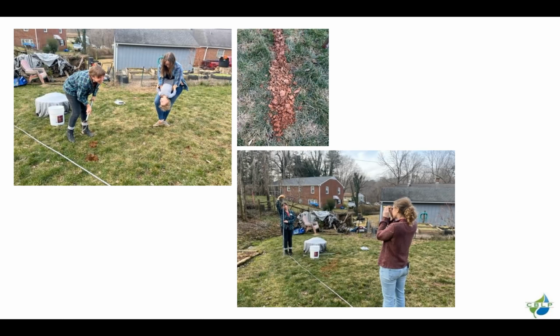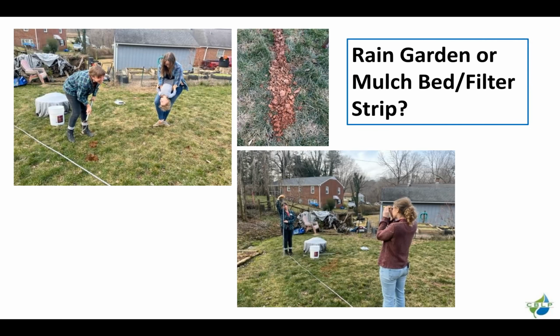Generally when I do this, I find the property owners love this stuff. They've lived on this property, but they never stuck a probe in the ground to see the soils. When you do this with the property owner, it's information, but it's also a form of engagement, so it can be a lot of fun. So you go through this process and you're thinking, could be a rain garden.